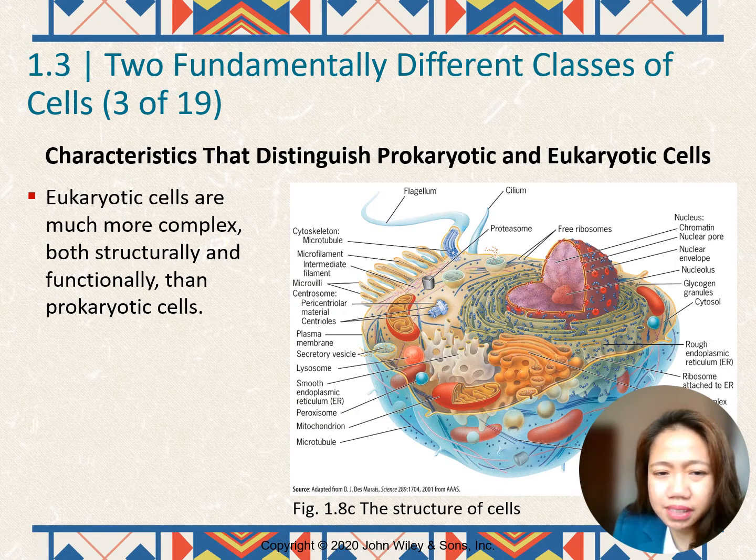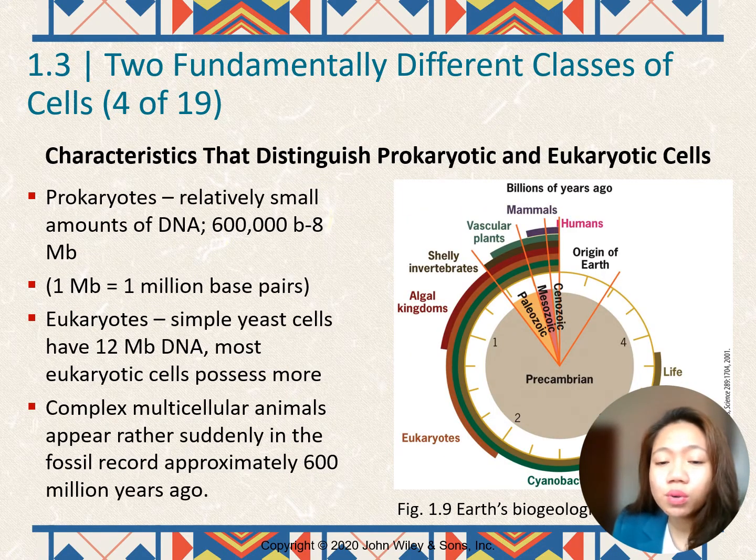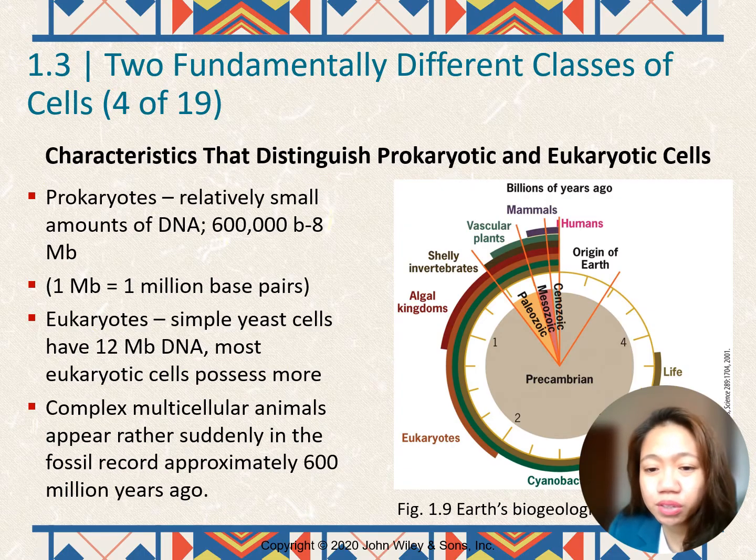Okay, next slide. How is this possible? Why is it that on one hand you have eukaryotic cells that are very complex and multicellular, while on the other side you have cells that are very small and very simple? Well, to answer this question, you have to go back to the beginning of life here on our planet, touching on a bit of earth science. If you remember from your earth science discussion, the planet itself during its conception was incredibly hot, with an incredibly molten surface.